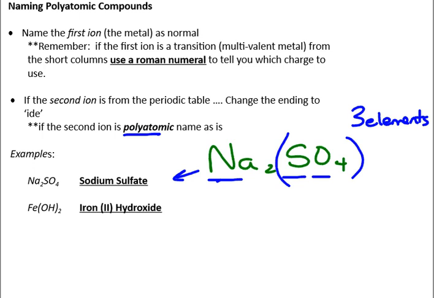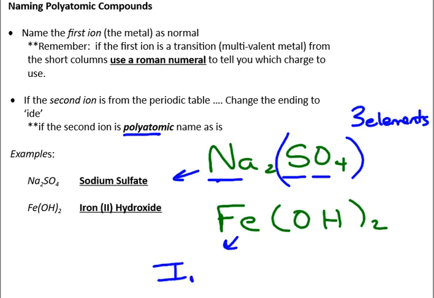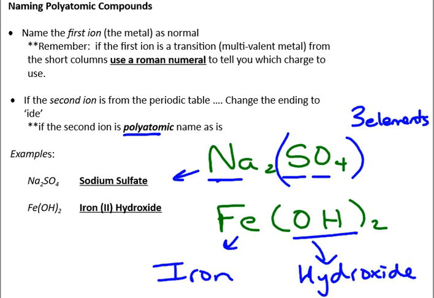In the case of Fe(OH)2, I know that there are 3 different elements, irons, oxygens, and hydrogens. Fe is iron. OH is hydroxide. But iron is a transition metal, and transition metals must come with Roman numerals.